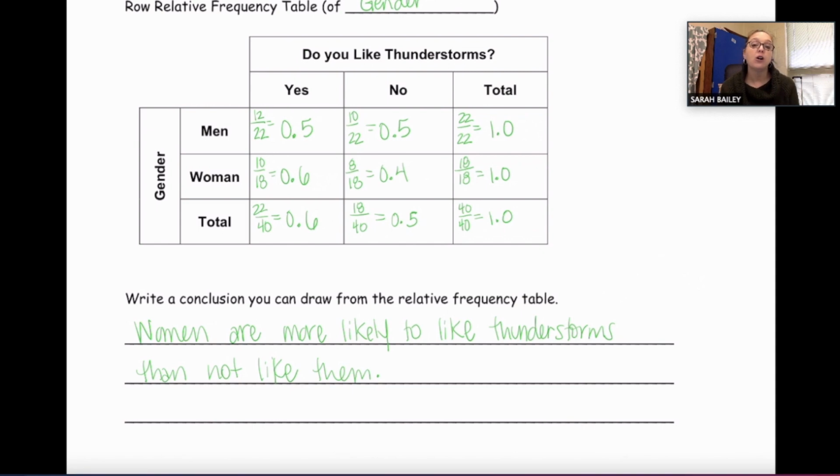We can't compare that. We can just compare whether a man is more likely to enjoy or not enjoy a thunderstorm, whether a woman is more likely to enjoy or not enjoy a thunderstorm, and whether or not the whole population is more likely to enjoy or not enjoy a thunderstorm. That's all we can discuss here.